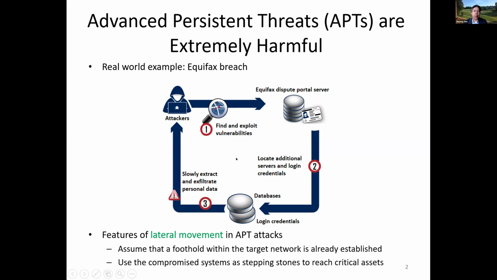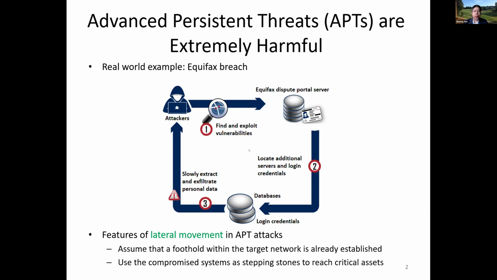This example illustrates the lateral movement aspect of APT attacks. After the attacker established a foothold within the targeted system, the attacker used the compromised systems as a stepping stone to reach further systems, until they can reach the critical assets, for example, the personal data in this case.